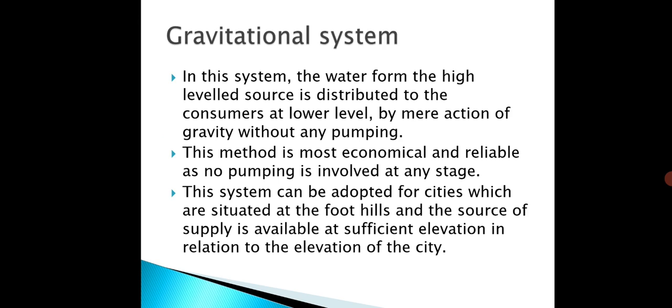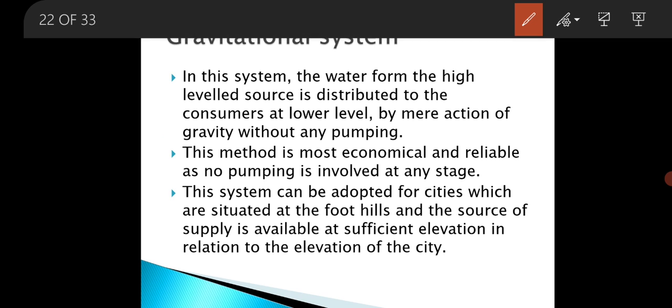So first one is gravitational system. In this system, the water from the high leveled source is distributed to the consumers at lower level by the mere action of gravity without any pumping.